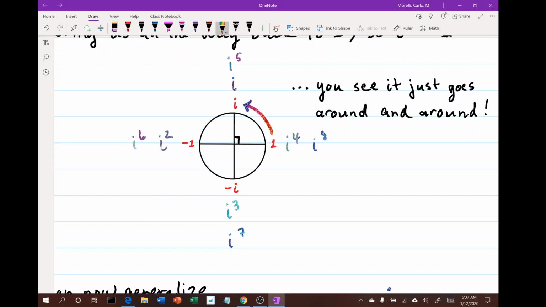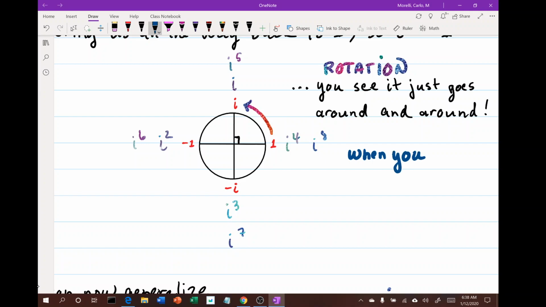So that rotation thing is the key. Rotation is the key. This is the huge, big aha moment that when you multiply by i, you rotate 90 degrees to the left. Let's do that right here.